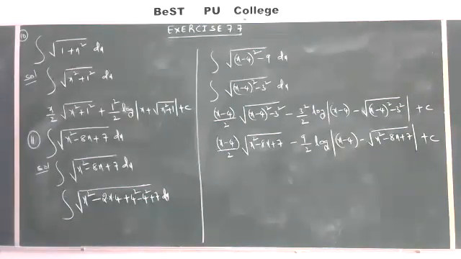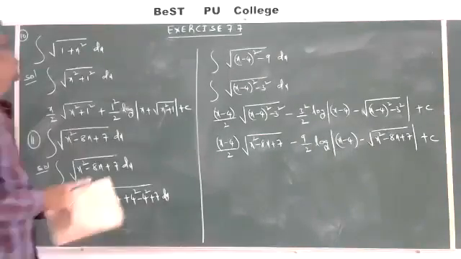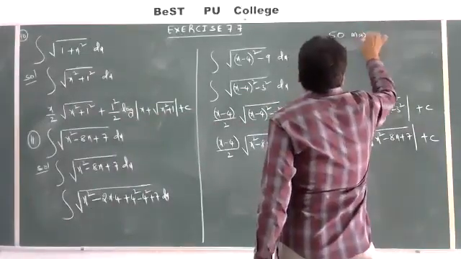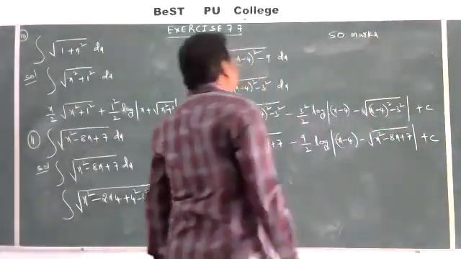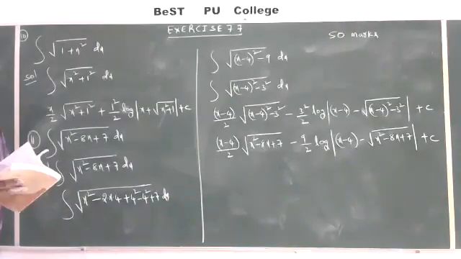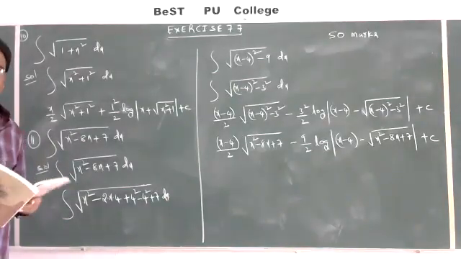Time is up, 5 minutes. So tomorrow we have a unit test. Already the principals have given a message: the unit test is 50 marks. All types of problems, but the syllabus is integration from 7.1 to 7.6, up to integration by parts.